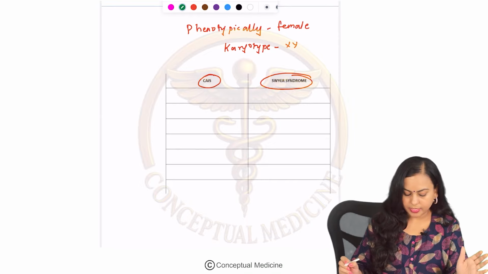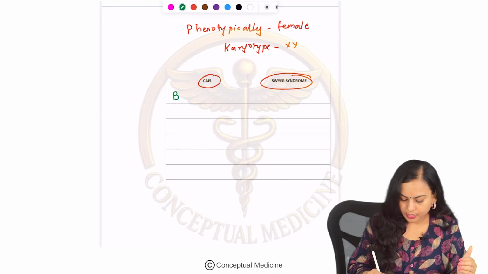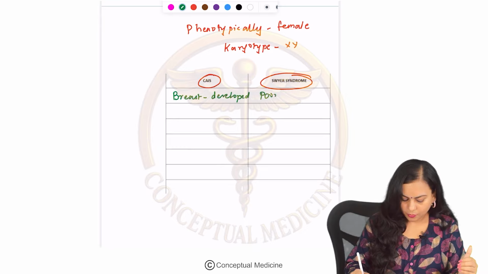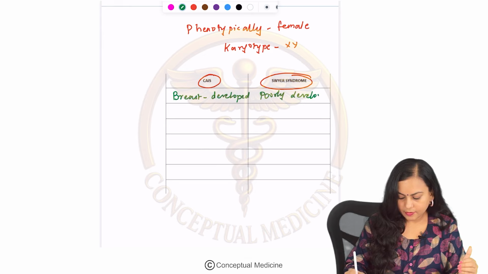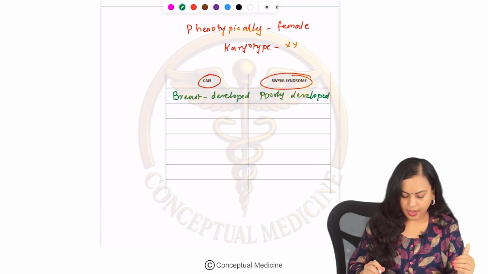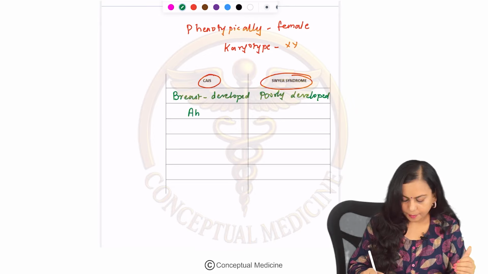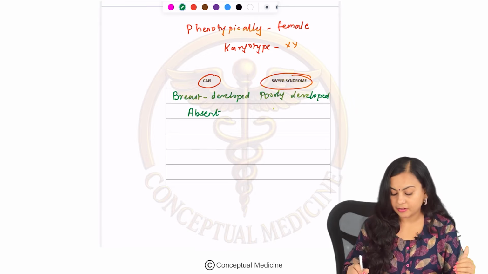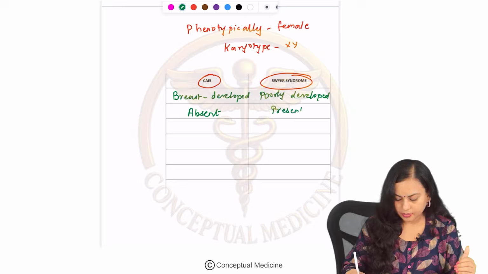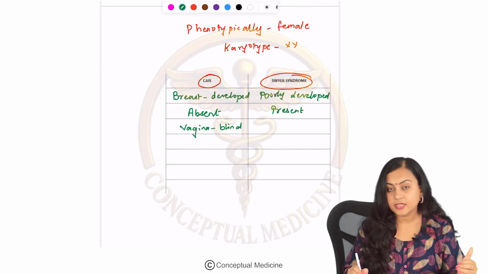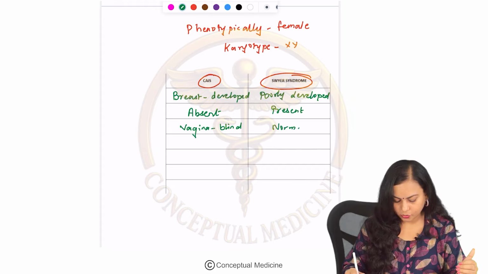So in complete androgen insensitivity syndrome, breast is well developed, okay, whereas in Swyer syndrome it is poorly developed or even absent sometimes, right? And the next one is about the pubic and axillary hair. They are absent in complete androgen insensitivity syndrome, whereas it is present in Swyer syndrome. Vagina is going to be blind in complete androgen insensitivity syndrome, whereas the vagina is normal in Swyer syndrome.